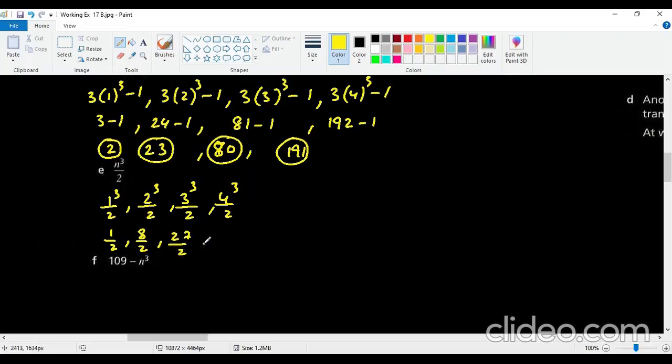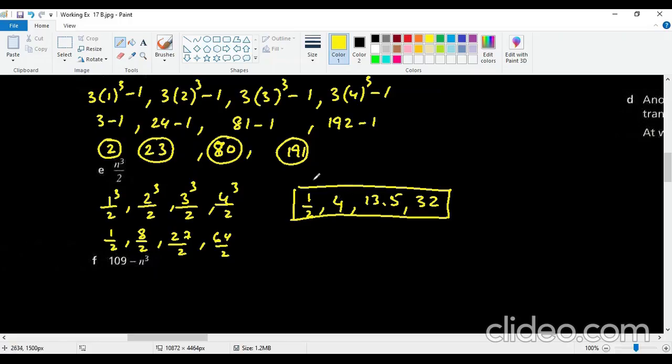So your final answer is going to be 1 over 2, the second one is going to be 4, the third one is 27 divided by 2, which is going to give you 13.5, and then 64 divided by 2 is going to give you 32. So these are the numbers that are going to fall in the first, second, third, and fourth term.